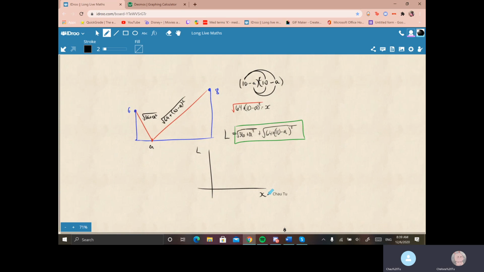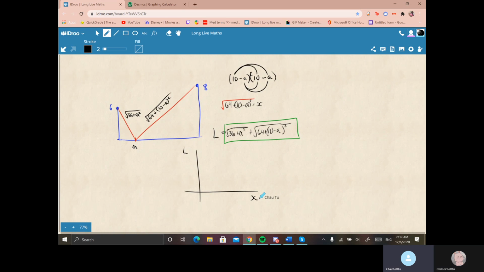I think when you sketch this in Desmos, it will give you a graph looking like this. Can you see that? Because you're trying to minimize the length, you're actually looking for this lowest point. Well, at the lowest point, the gradient would be zero. So later on, we need to find dL over dx, and then find out when the gradient will be zero. Can you see that?